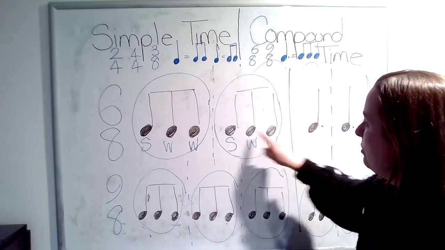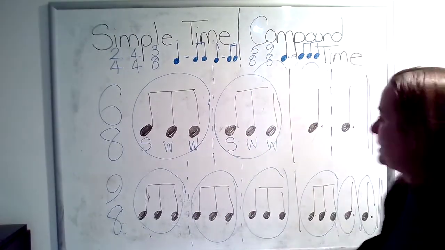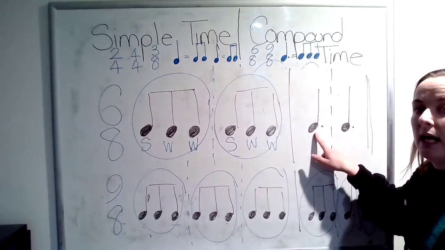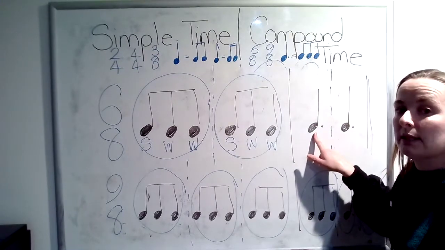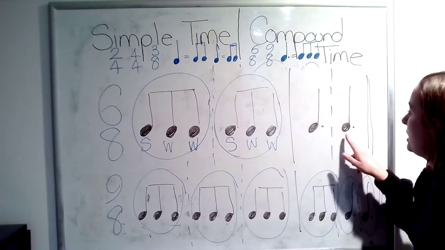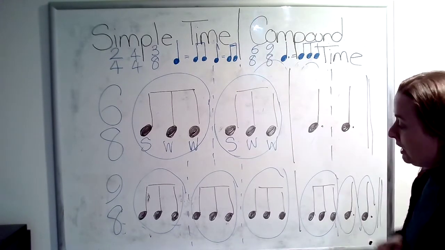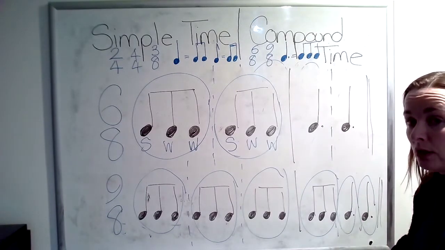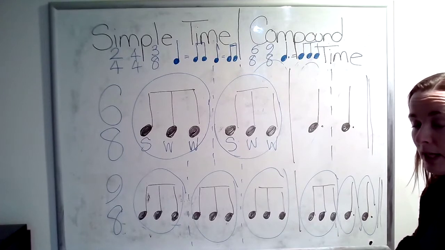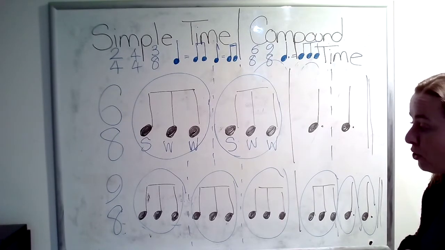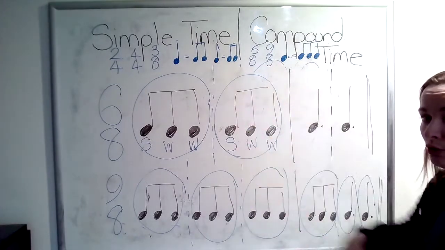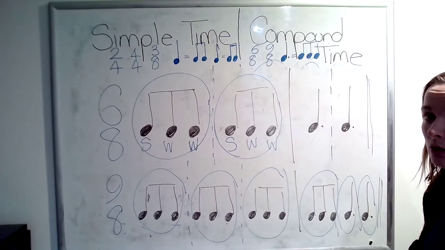Beat 2, all 3 quavers are grouped together. Then we have beat 1 here, which I've decided to draw as a dotted crotchet. Beat 2, a dotted crotchet. It might be beneficial for you to pause the video right now and draw this into your notebook or your music diary, and then you can refer to it later on.